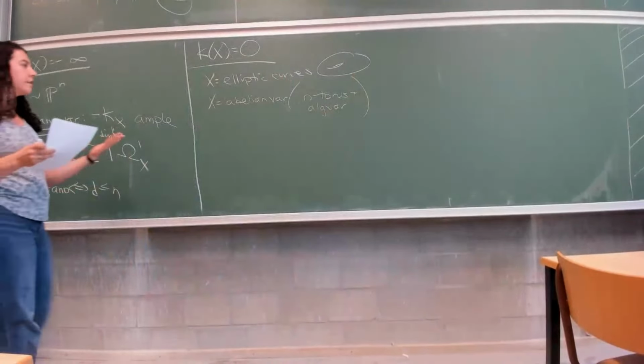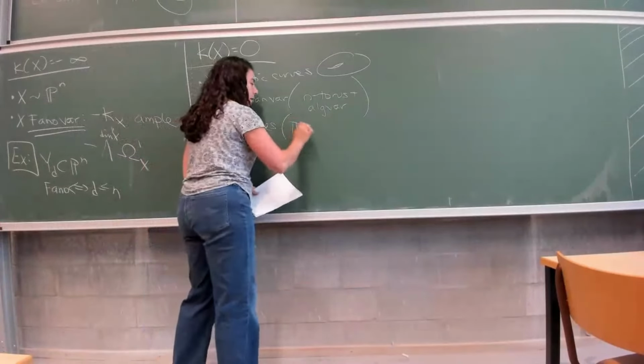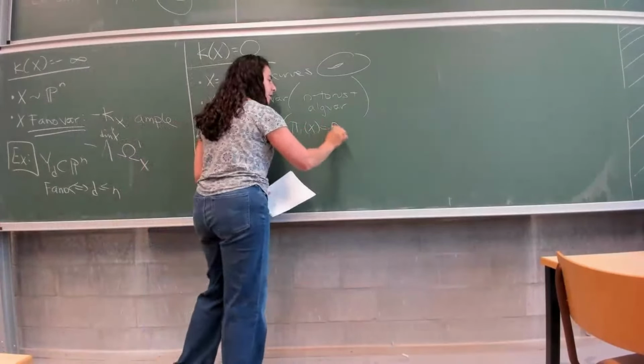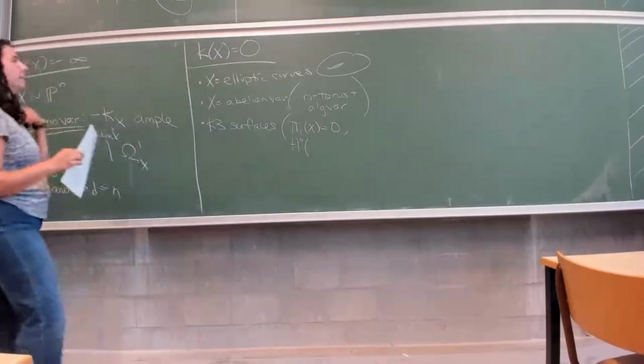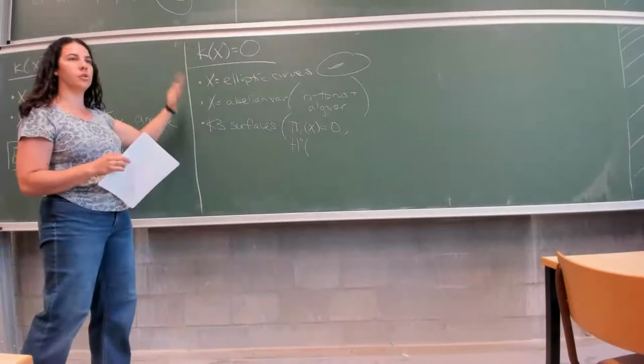Another way to go up to higher dimensions is to think about surfaces, going up from curves, and the particular class of surfaces that I'll mention are called K3 surfaces. So these are simply connected surfaces that have the property that their canonical bundle is trivial, in a sense.